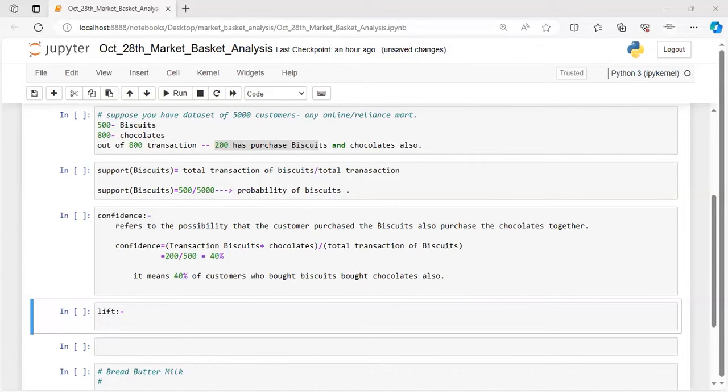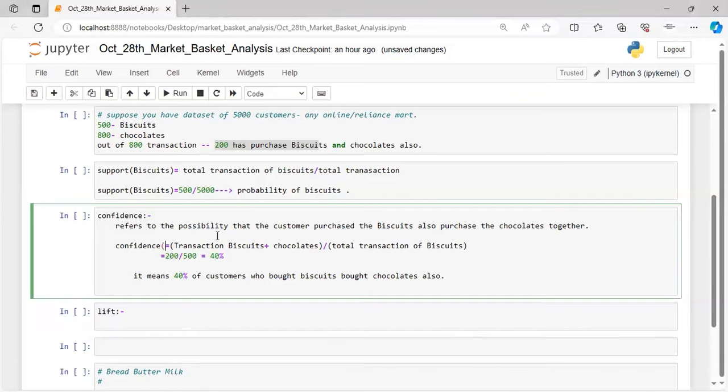So confidence of biscuits and chocolate, let me write here. Sir, yes, please.